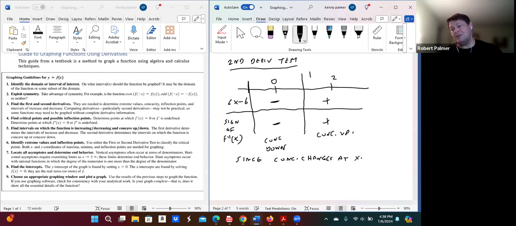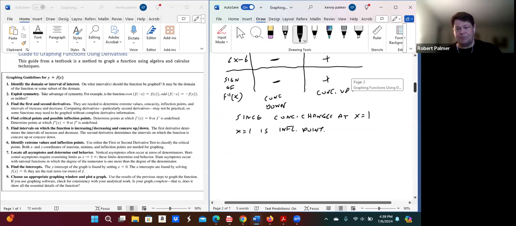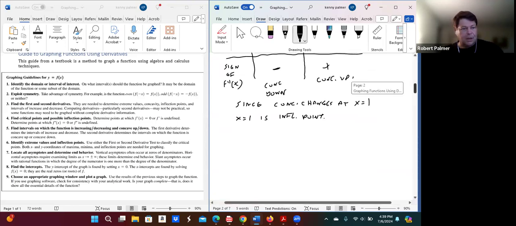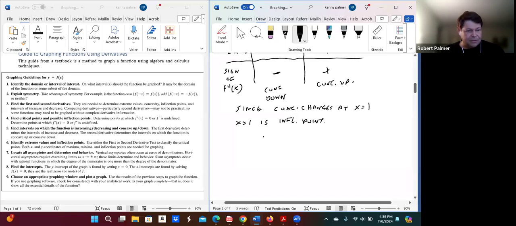At x equals 1, x equals 1 is an inflection point. Okay, good. So now we know something about how the calculus tells us some things about the function. Now, we identified our extreme values and inflection points.